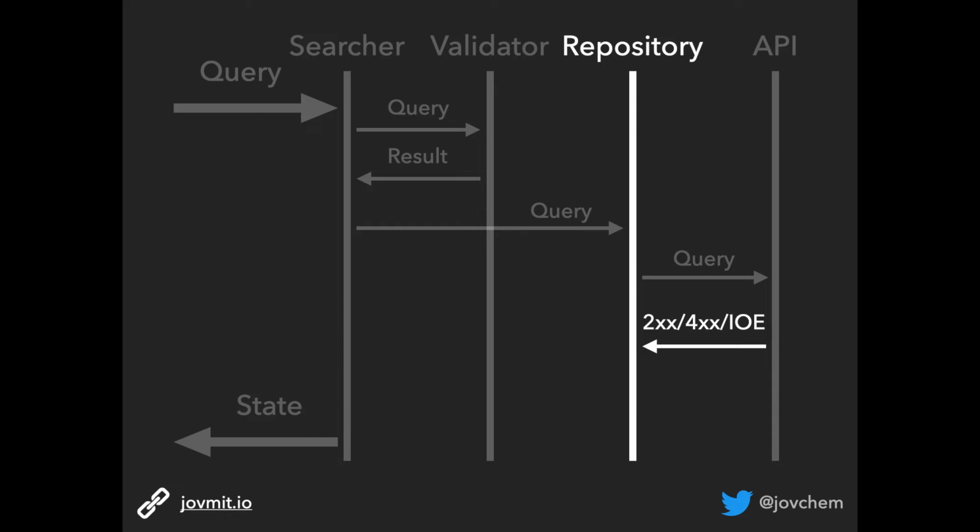And then what would the API return back to us? We have to think about that. So it might be 200, 400, some sort of exception like IO or something like that.